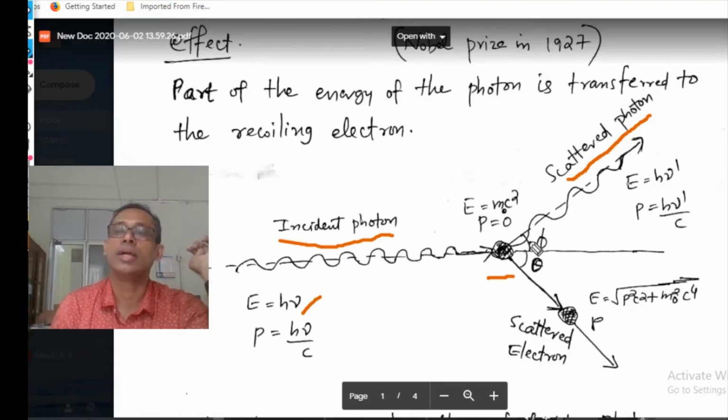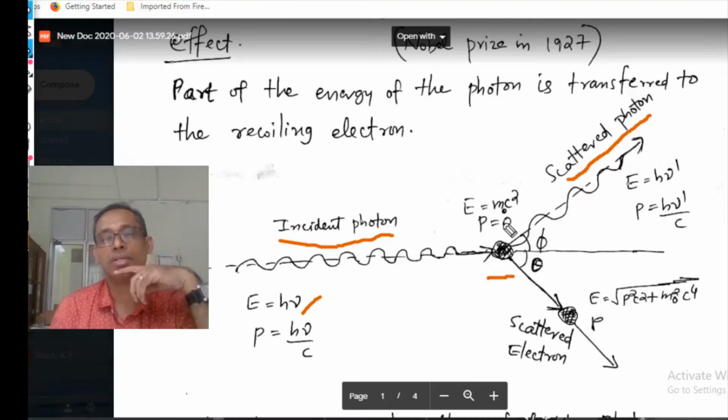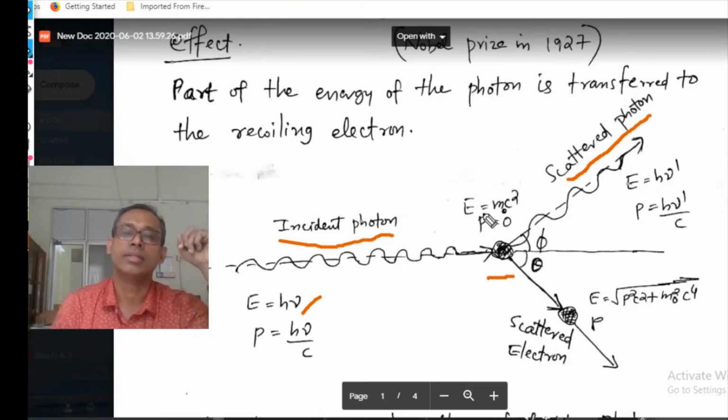This is the energy of the scattered photon, its value is h nu prime, and the momentum is given by h nu prime over c. The energy of the electron is the rest mass energy m0 c square. Its initial momentum is 0 because the electron is at rest initially. After scattering, it moves with a momentum p, and the energy of the electron is now related to the momentum by this relation.